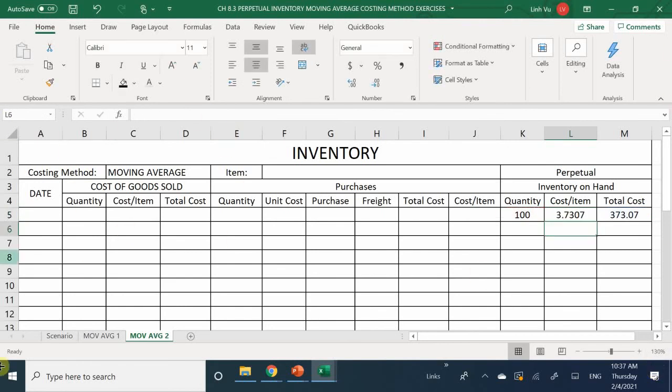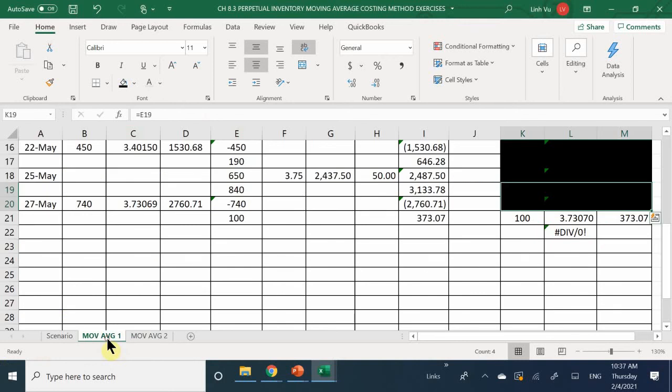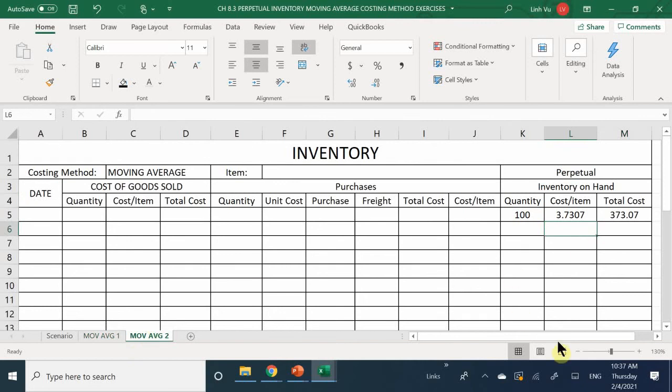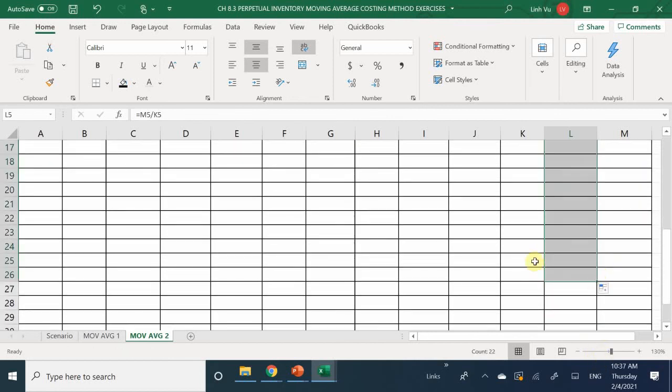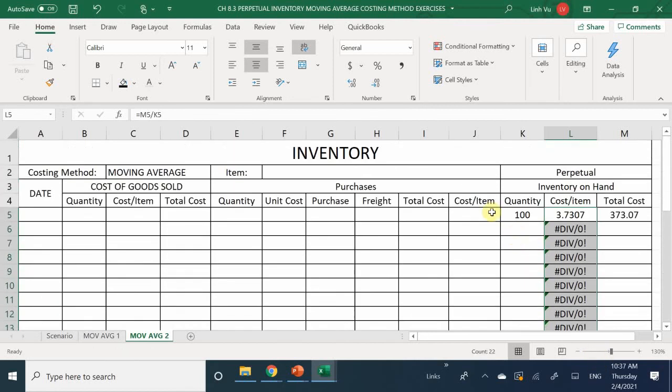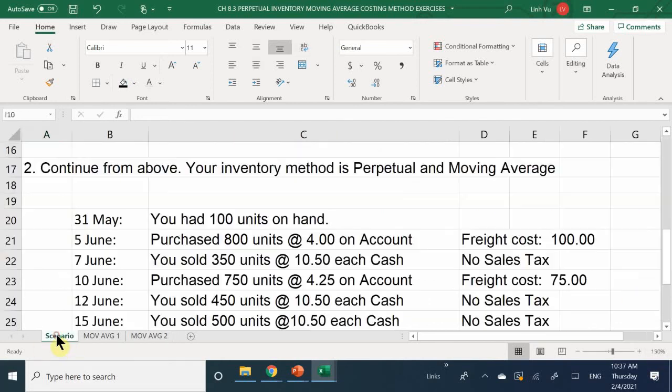I'm going to take that formula and pull it all the way down, because in Excel I can fill in the formula going all the way down. I'm probably going to fill it halfway, like probably here. And of course, I'm going to also place the date, because you need to remember that it is on May 31st that you're entering in this inventory on hand.